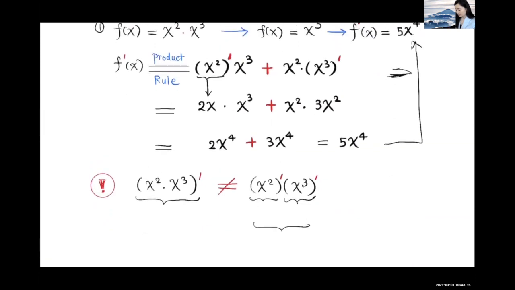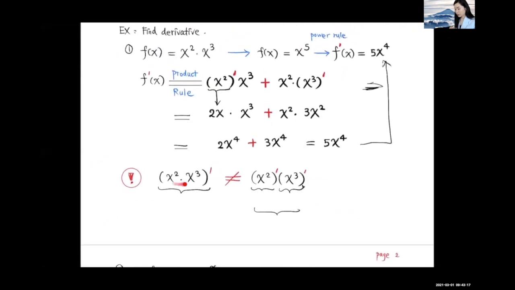Now, be very careful. The derivative of x squared times x cubed is not the derivative of x squared times the derivative of x cubed. They are not equal. On this side, we got 5x to the 4 power. We just discovered that the derivative of this is 5x to the 4 power.